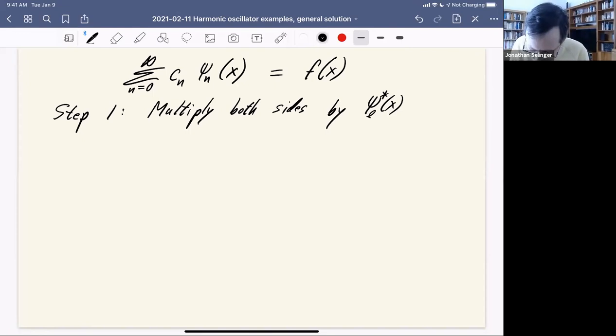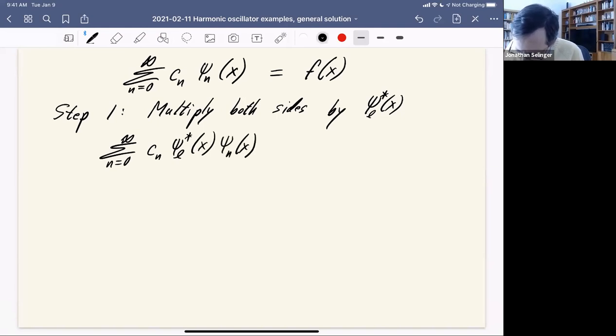So that means the sum n equals 0 to infinity of Cn times psi L star of x, psi n of x, is equal to psi L star of x times f of x.